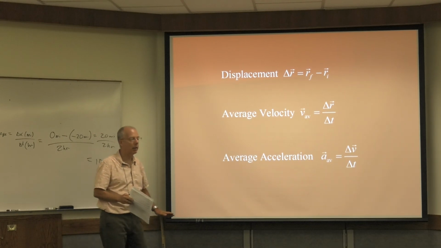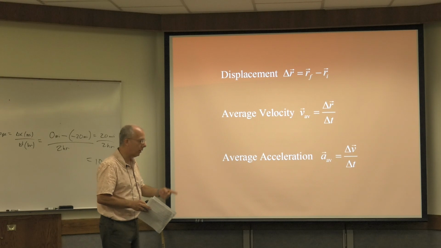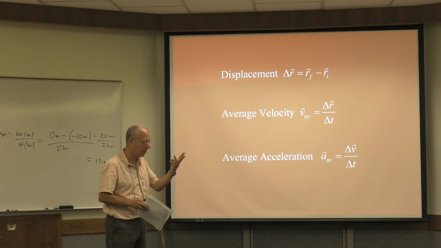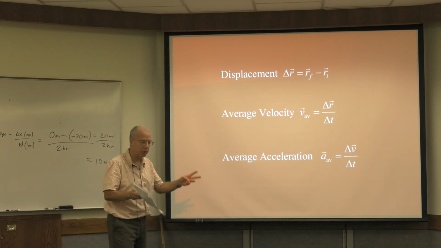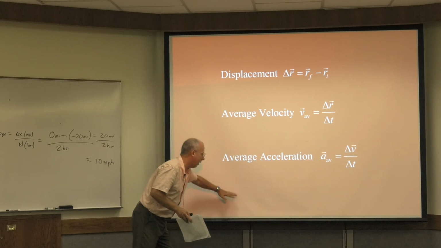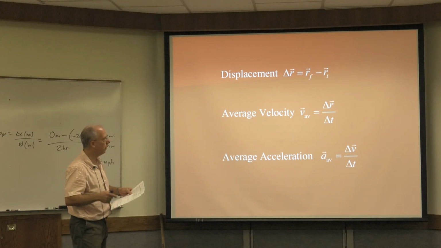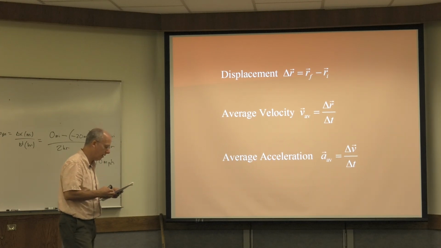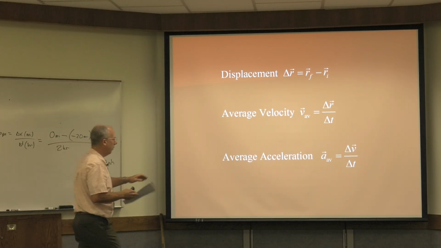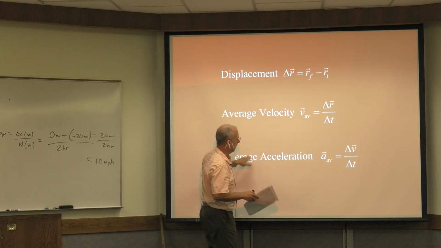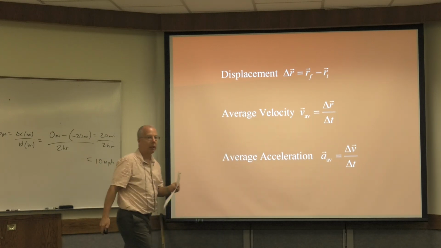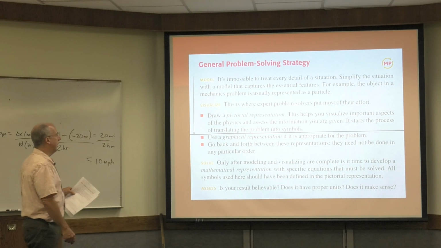But when you're describing motion, there's nothing else. These 3 variables, that's it: position or displacement, velocity, acceleration. We'll talk about the instantaneous values in a later chapter. That's a good place to quit.